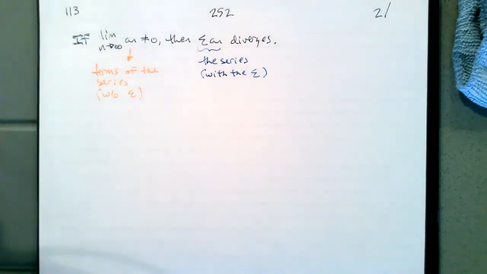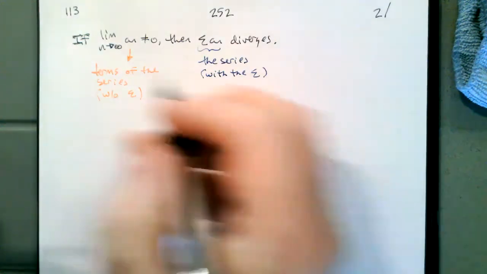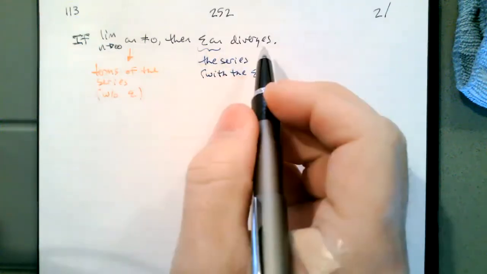If the limit of the terms is not 0, then the series diverges. So here's how we write it with our abbreviations.